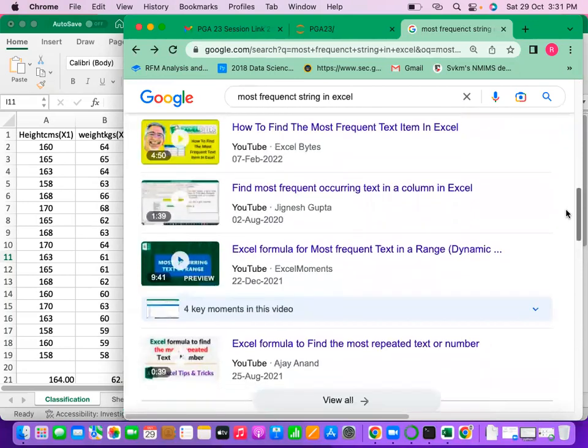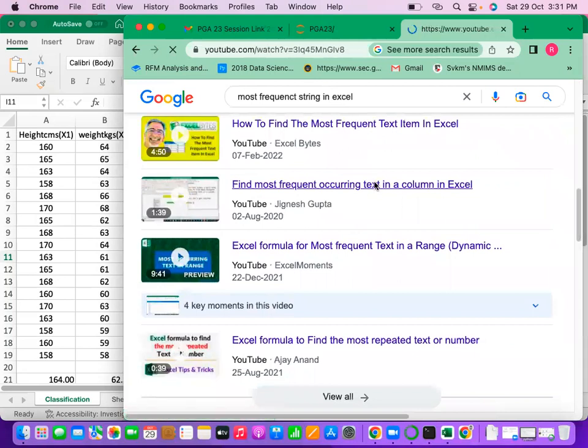Most frequent occurring text in Excel. It is index match, huh?